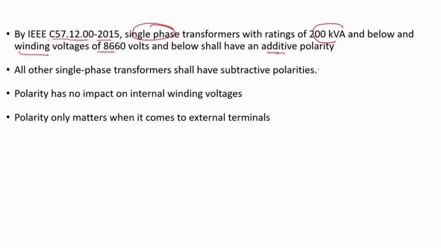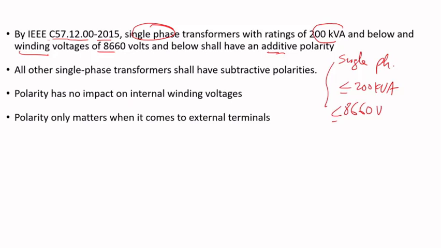So in other words, if you have a single phase transformer, and it's 200 kVA and smaller, and also the winding voltage is 600 volts and smaller, that's where additive, they must be additive. And the reason being is just for standardizing, that's really why.